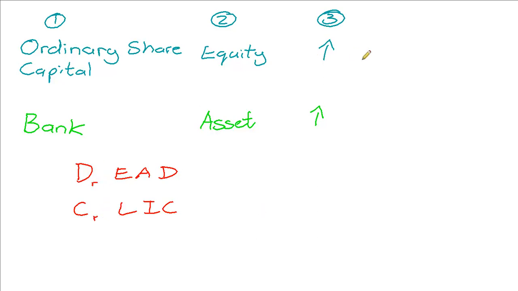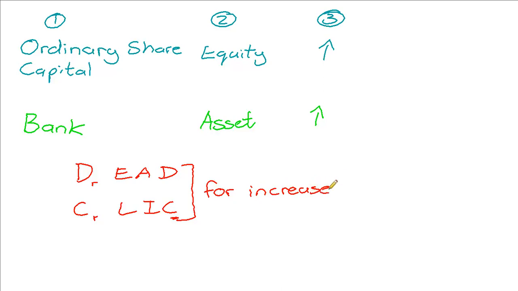Right, so the first one here, equity. Which one of these is it in DEADCLIC? It's going to be the C. The equity, the ordinary share capital, is the same as my C in my DEADCLIC abbreviation. So I've got capital that increased. What does DEADCLIC say? Remember, DEADCLIC is for increases. Very important, for increases.